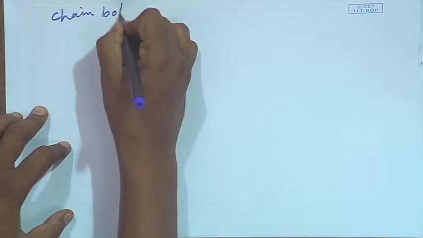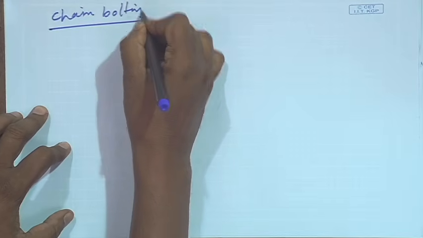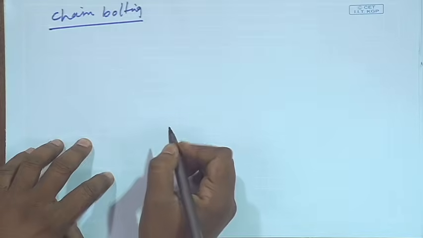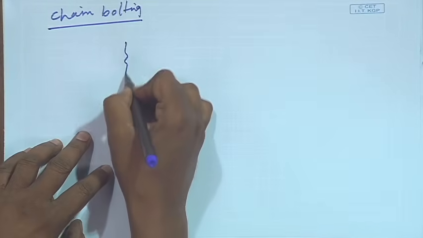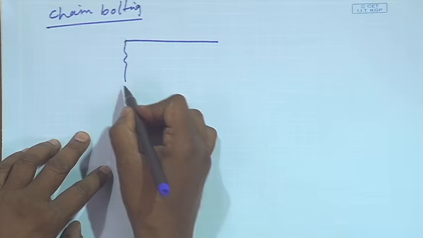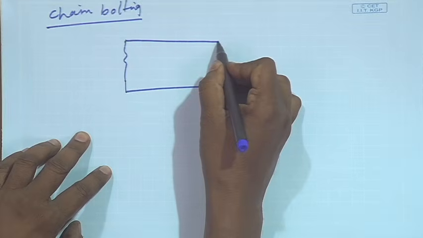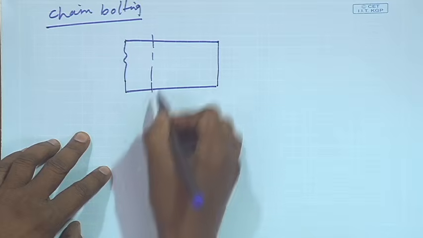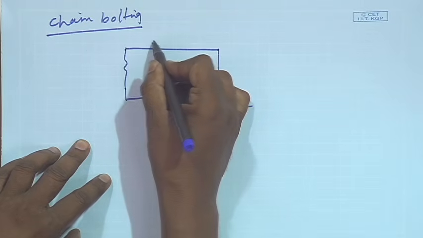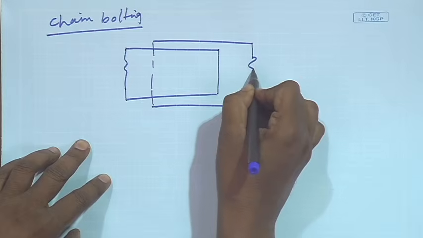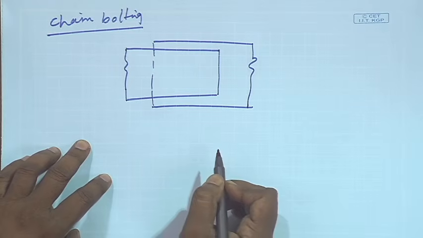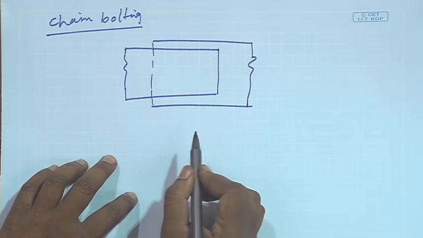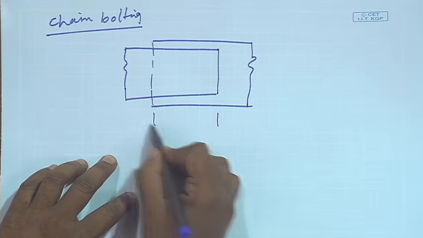Let us see how chain bolting looks. If we consider a lap joint, as we saw earlier, the two plates are overlapped together and are joined by different ways of connection like bolt, rivet or welding. So, this is called lap.